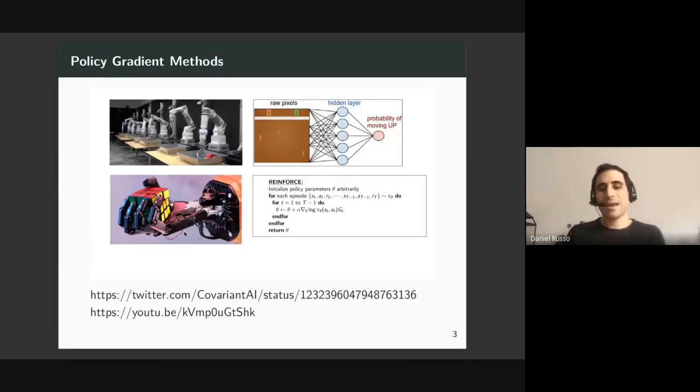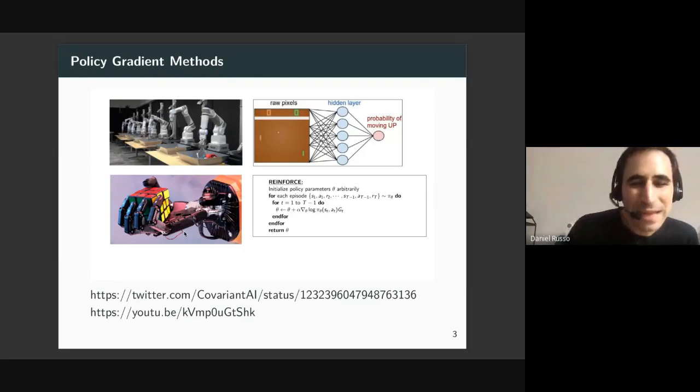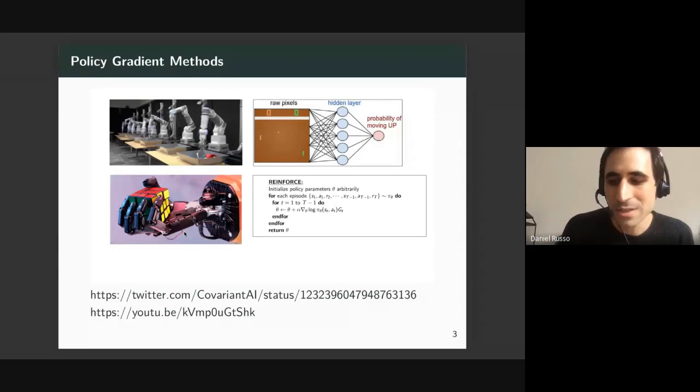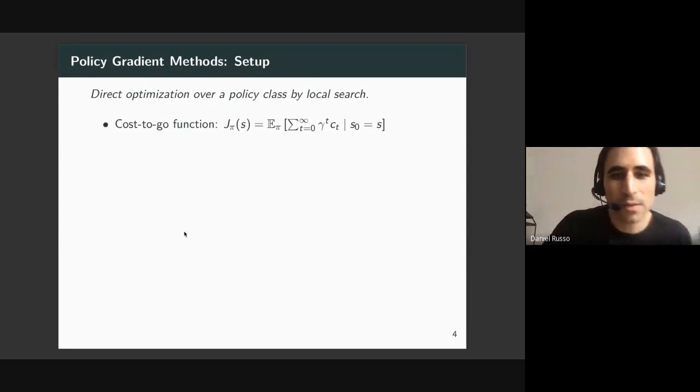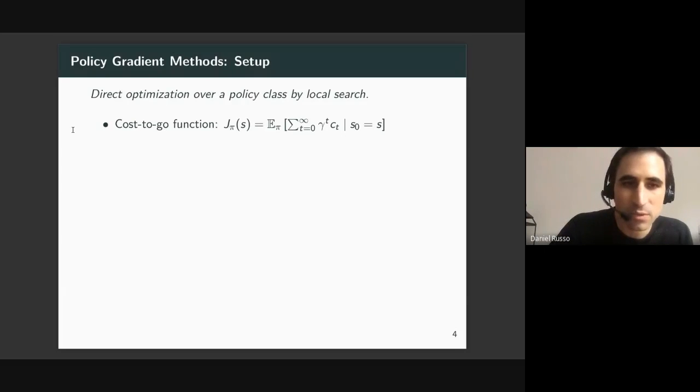There's a tantalizing sense in which maybe policy gradient methods are effective when the policy class of interest is simple. So that's the high-level motivation for looking at this class of methods. Now let's formalize some of what we're going to be studying. We're interested in direct optimization over a policy class by some kind of local search.